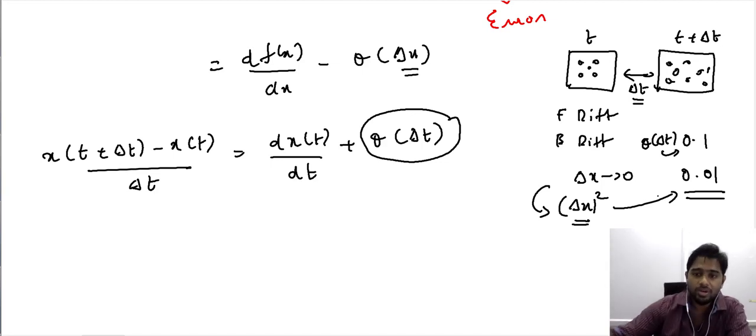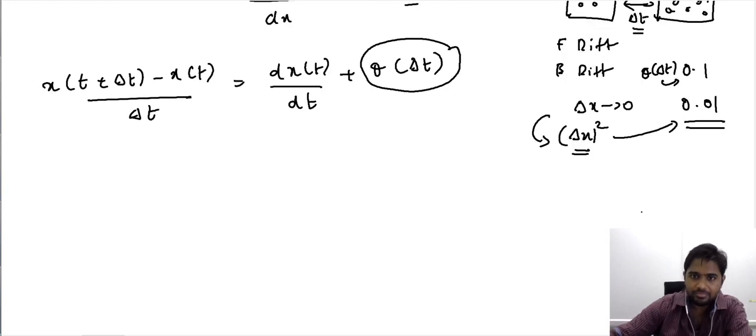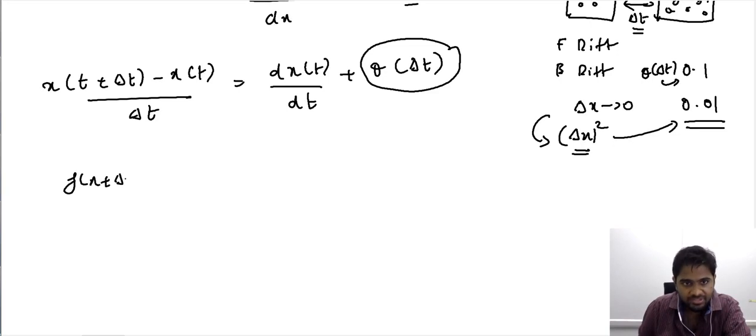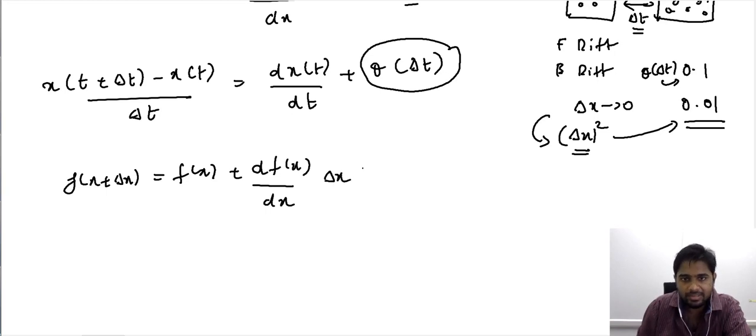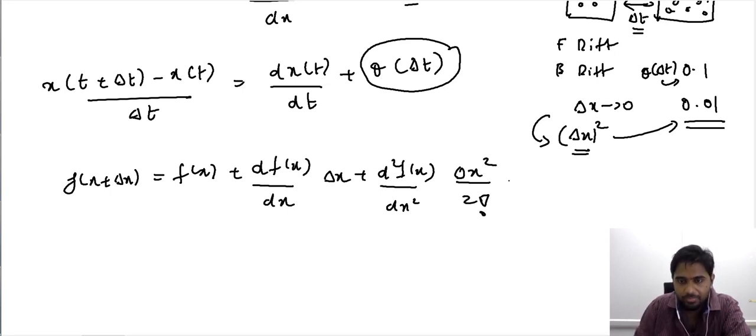Now, in order to do that, let us go back to our Taylor series expansion of the terms that we have considered, the Taylor series expansion of f of x plus delta x. This we saw can be written as f of x plus the first derivative of f of x times delta x, plus the second derivative of f of x times delta x square by 2 factorial, and so on and so forth.